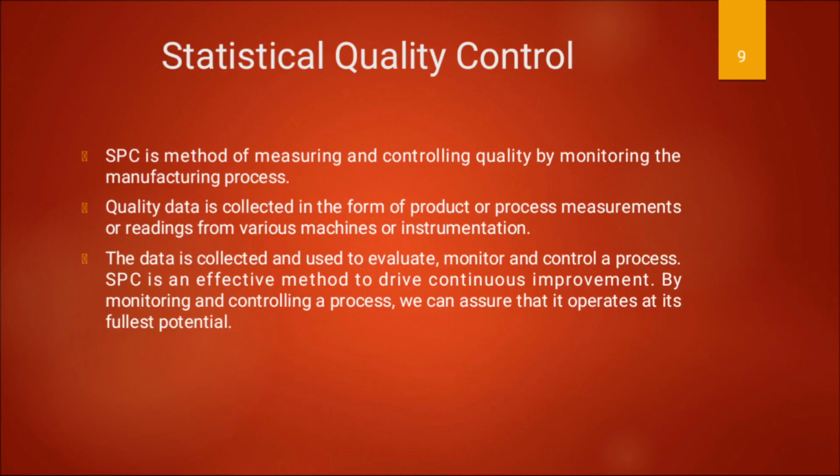So this is statistical quality control. Statistical quality control measures quality by monitoring the manufacturing process. The quality data is collected in the form of product or process measurements or readings from various machines and instruments.